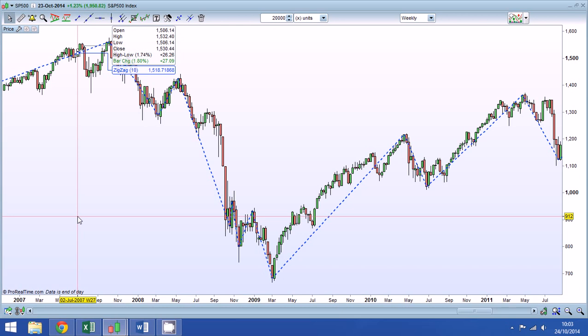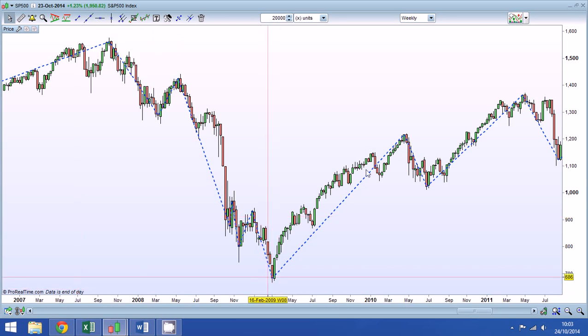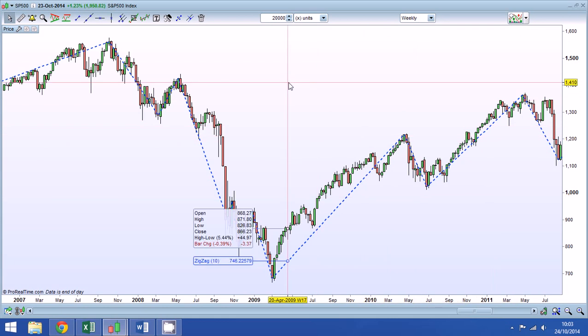It certainly looks fantastic, and you could think that if you wanted to trade some of these, trade long here, short here, this is a brilliant indicator. However, it is unfortunately not an indicator you can trade from because it cheats a little bit. It uses information that is not available at the time.